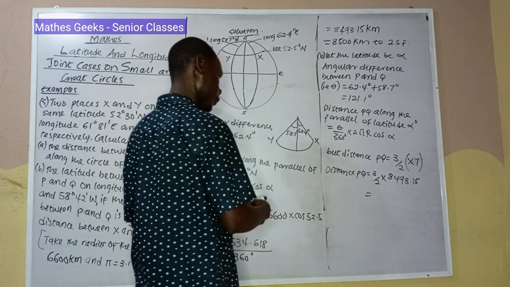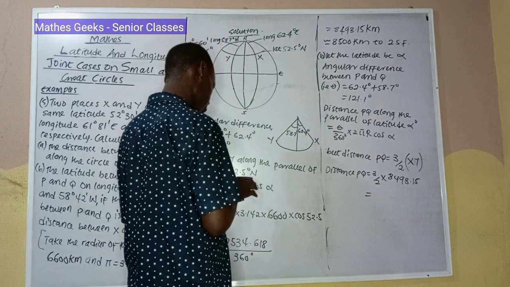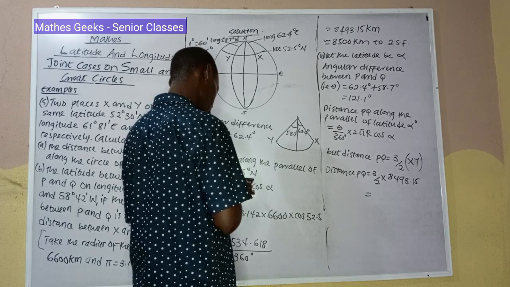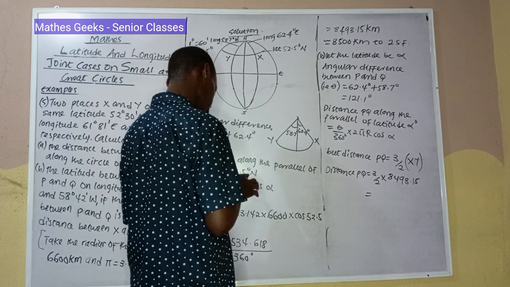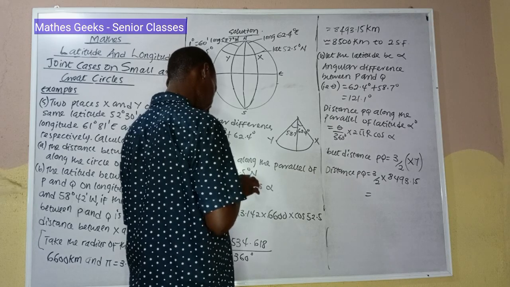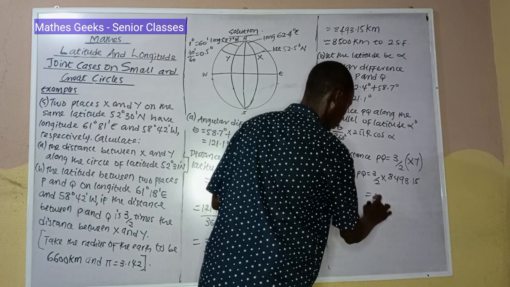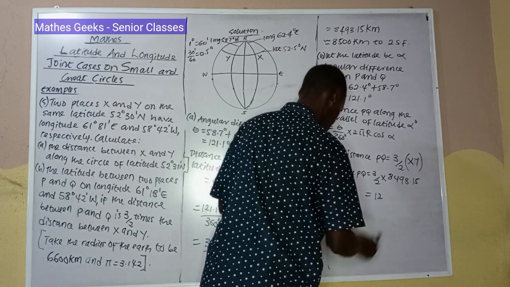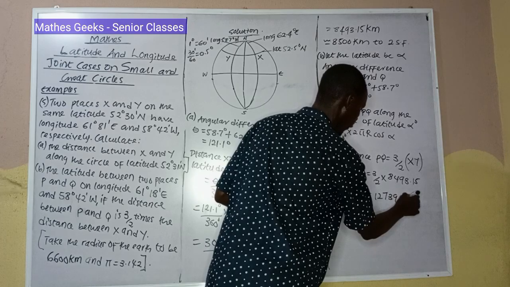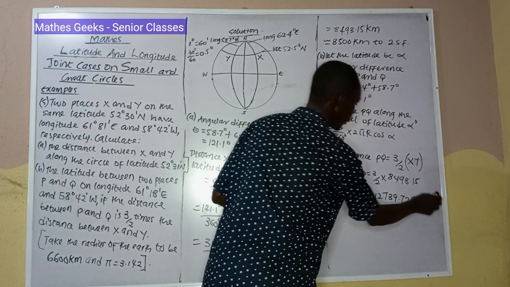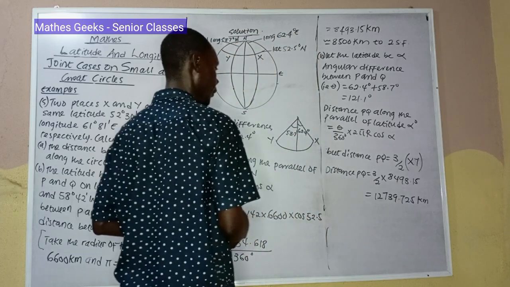That will give us 3 times 8493.15 divided by 2, which is 12739.725 kilometers. So this is the value of distance PQ.